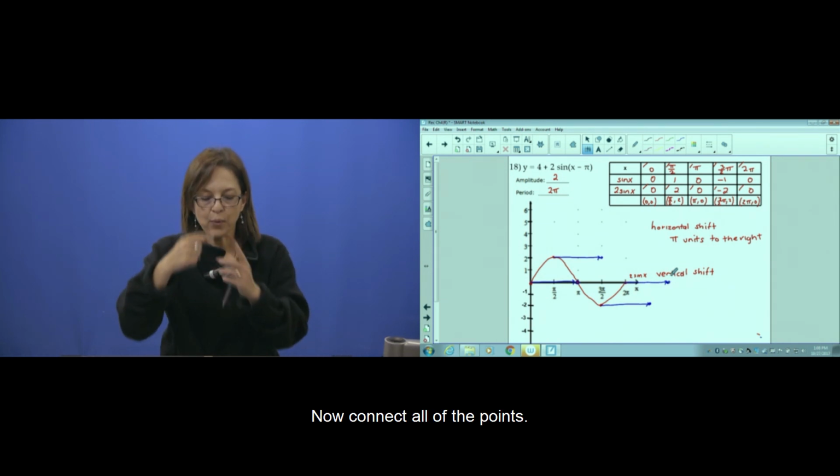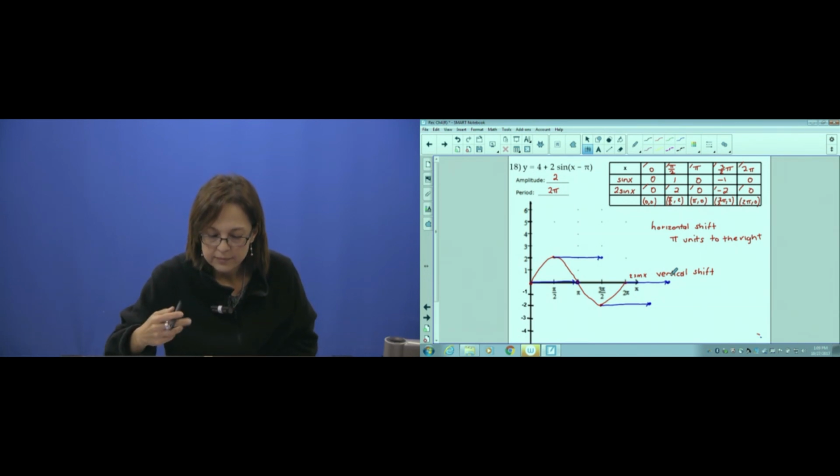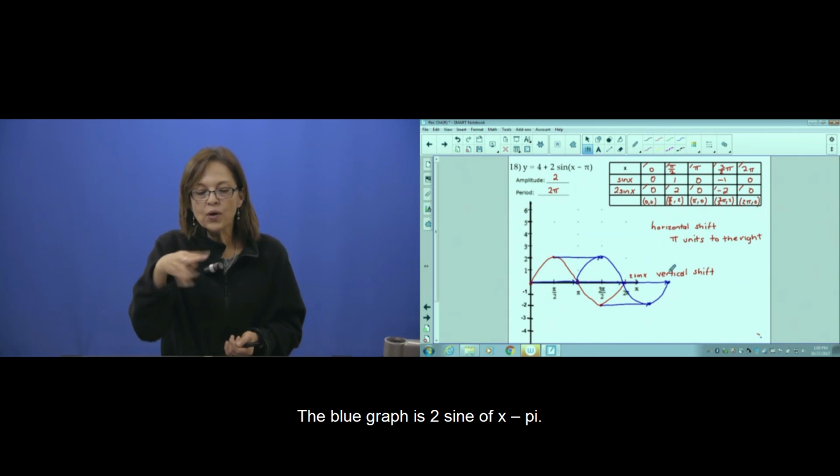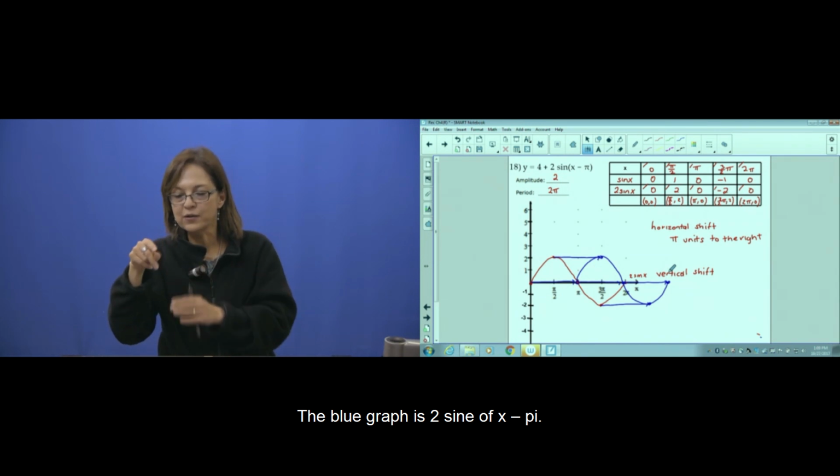Now connect all the points. And the blue graph is 2 sine of x minus pi.